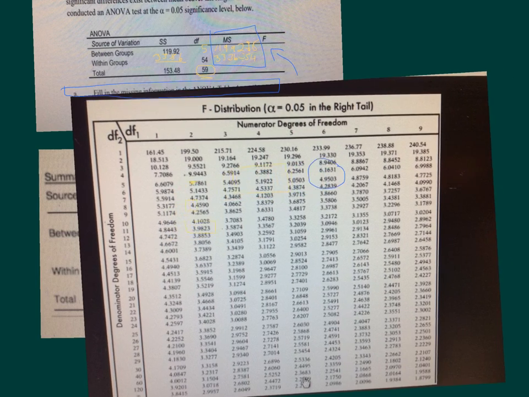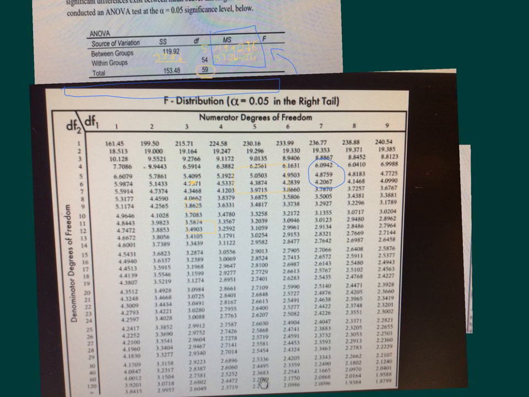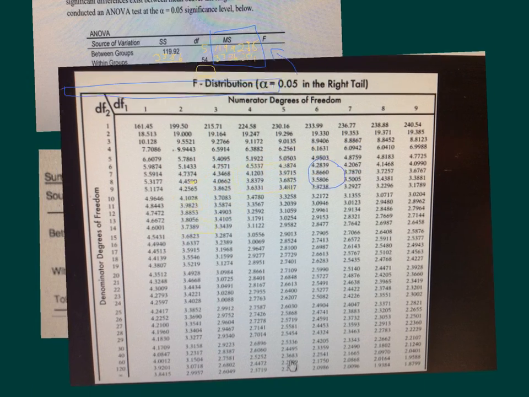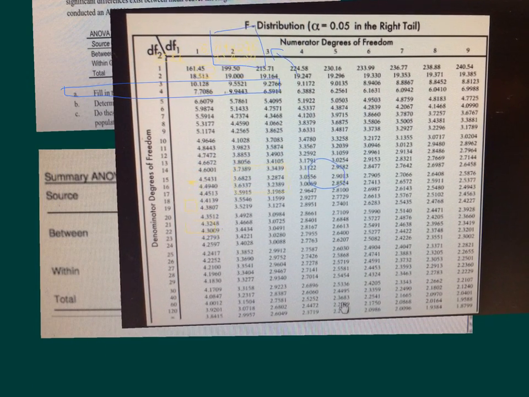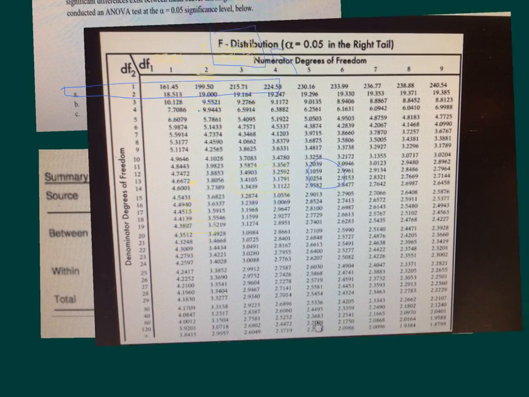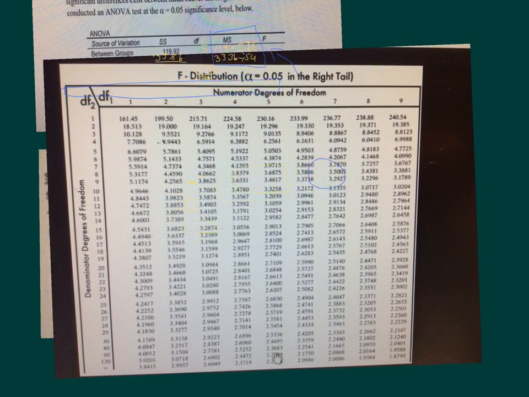For our F crit, I've got the F distribution table here for alpha 0.05, and we need the degrees of freedom, first of all, to be figured out. These little circles and things like that are leftovers, so we need to ignore those. Let's move this chart somewhere else so that we don't think that we're working with those values.